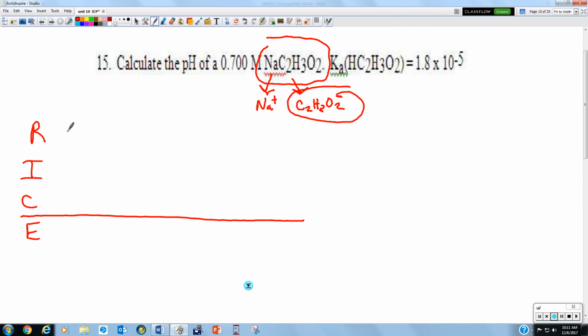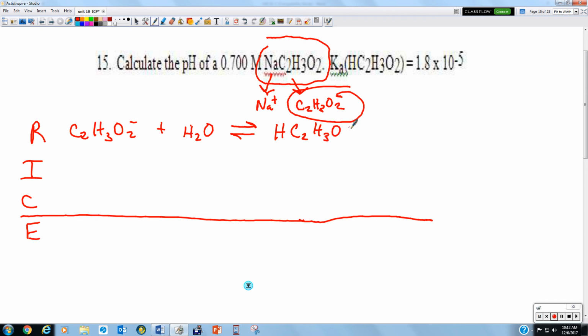All right. So I'm going to take that ion, C2H3O2 negative, and add it to water. And I'm going to react it. It's a negative ion, so it wants to gain a proton. So that's going to become HC2H3O2.